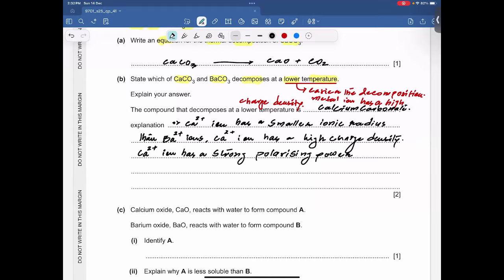If calcium ion has a high polarizing power, it can strongly distort the electrons of carbonate ions, hence decomposition takes place at low temperature.